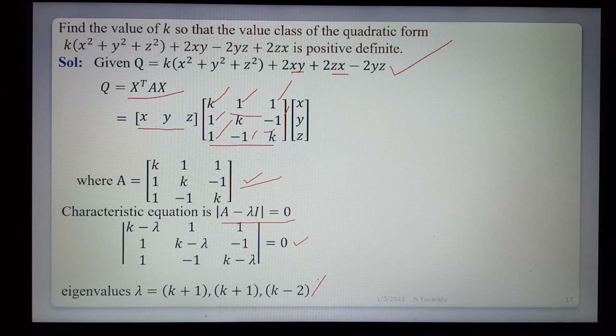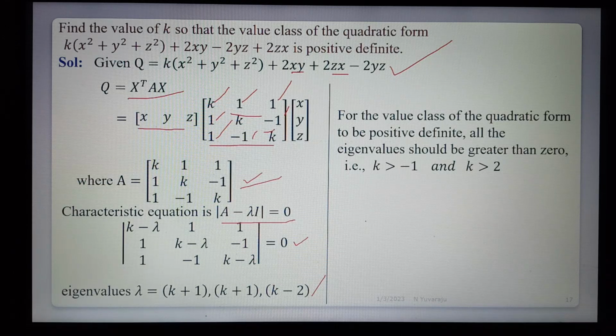Since the given quadratic form is positive definite, k plus 1, k plus 1, k minus 2 must be greater than 0, non-zero, compulsorily greater than 0, all positive. Clearly, for the value class of the quadratic form to be positive definite, all the eigenvalues should be greater than 0. That is k plus 1 greater than 0, k minus 2 greater than 0, so k greater than minus 1 and k greater than 2.